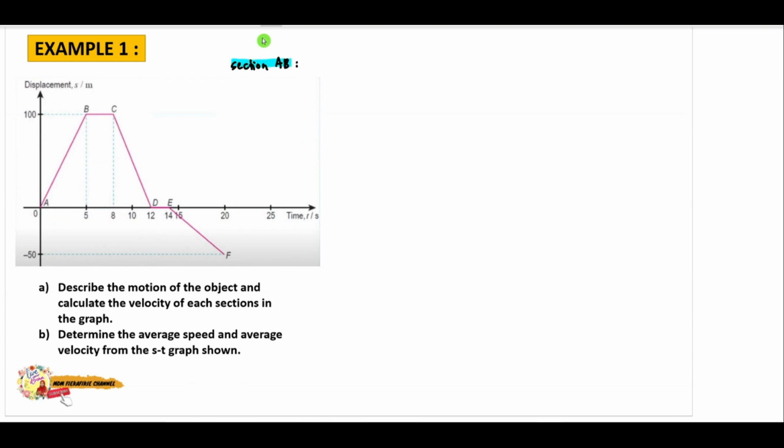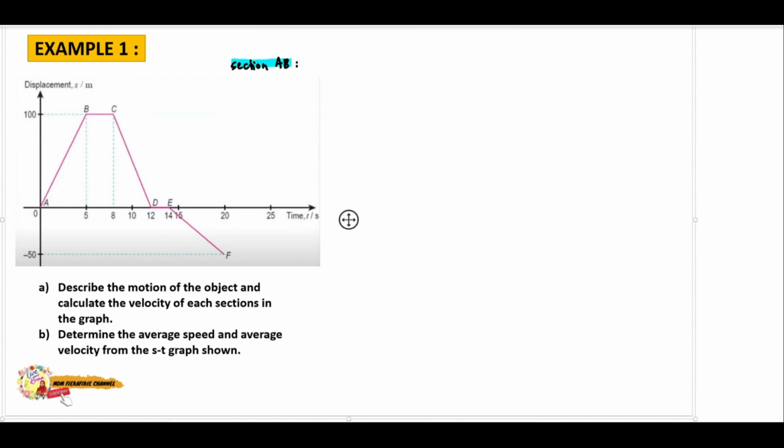And what happened from E to F? Okay. Tengok sini, displacement kita sekarang berada pada nilai negatif. Means that the object dah sampai dekat 0 meter and then it continues moving until point F, di mana point F terletak di sebelah kiri ataupun the object is moving in negative direction.